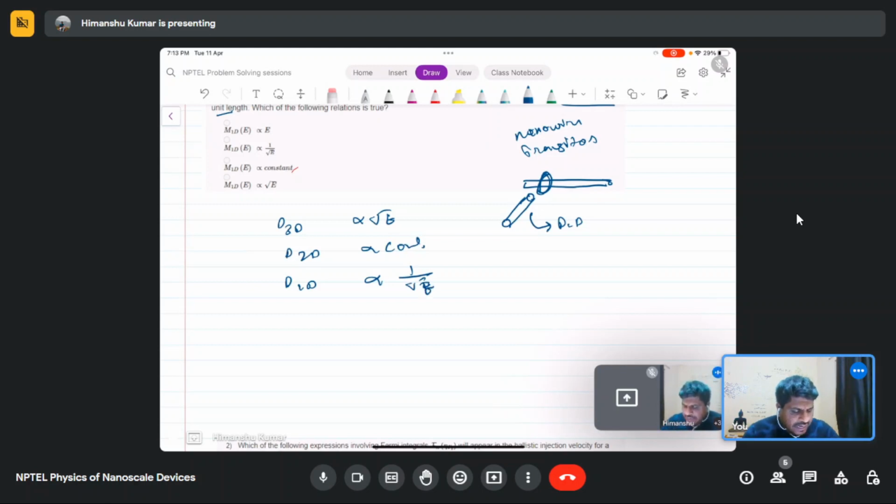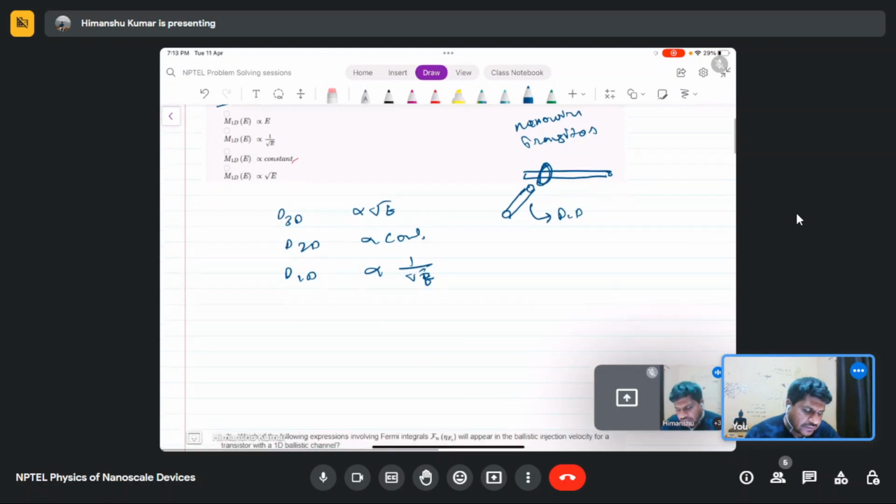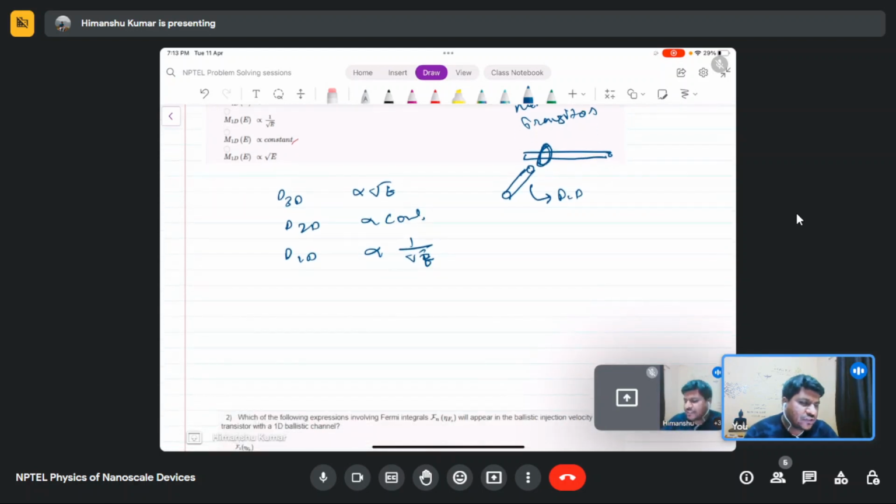If you integrate this density of states, you will get the number of modes in the channel. To find all the modes in the channel, you need to integrate over all the energy levels present in the channel with the density of states.